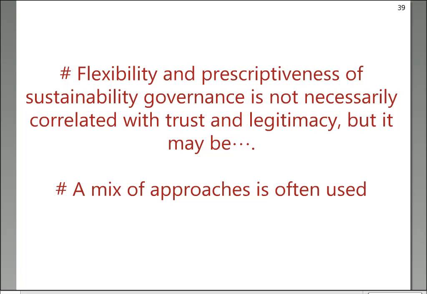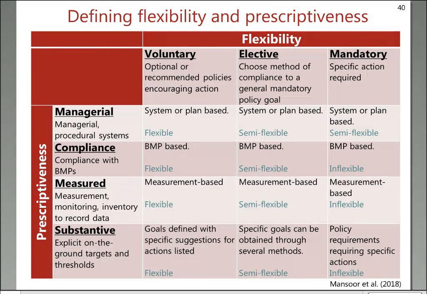What we think we can see for now is that whether schemes are mandatory or voluntary and how prescriptive they are is not necessarily completely correlated to trust and legitimacy. But it may be related to some extent under some conditions, but not always. But what we can see, as I mentioned earlier as well, is that a mix of approaches is often used.